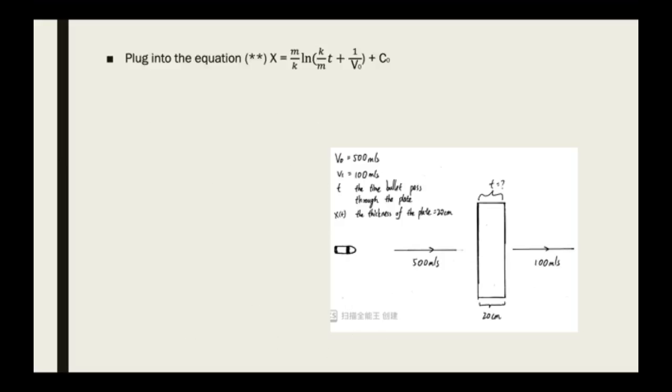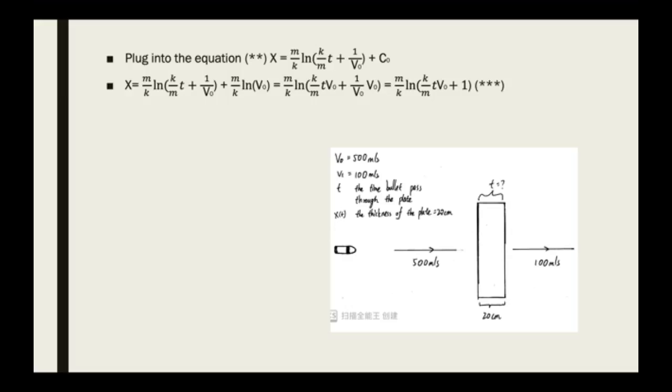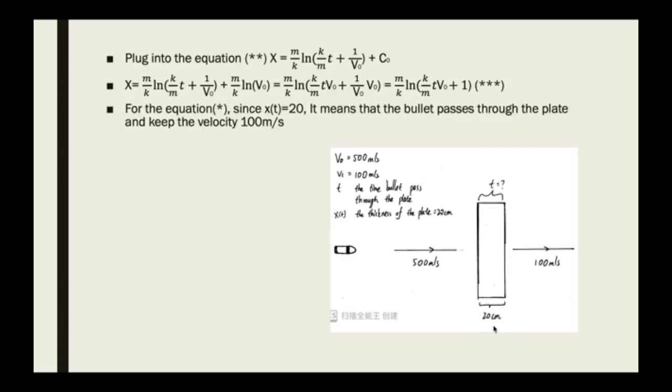Plug c0 into the equation and we can get the formula for x. And we simplify the x. We can get it equal to 20. It means that the bullet passes through the plate and keeps the velocity 100 meters per second.